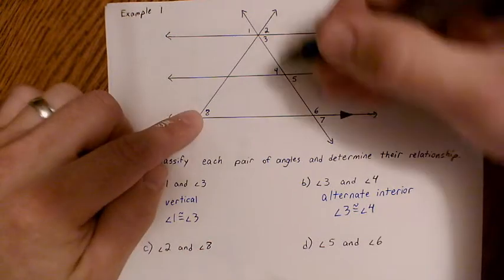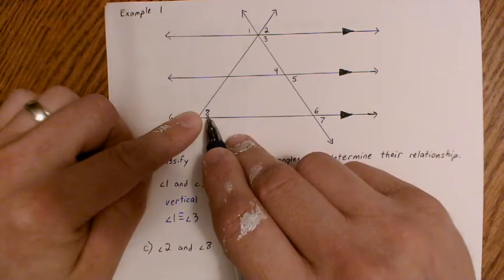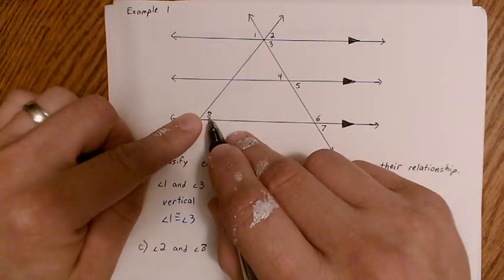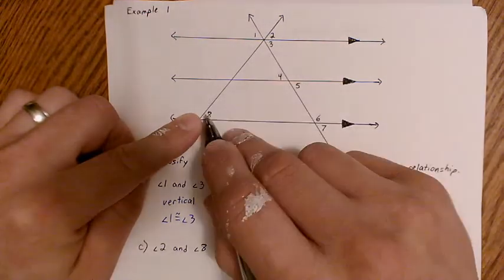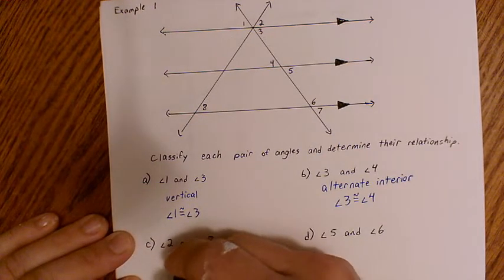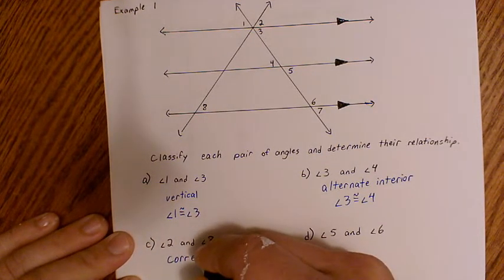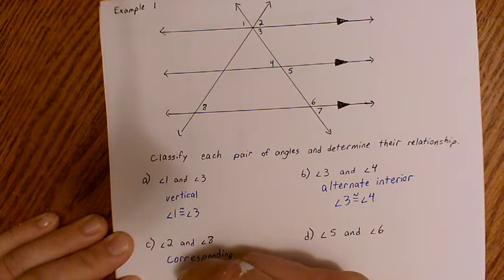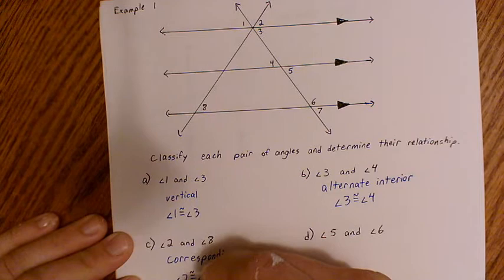Now you have to jump over this line and consider it compared to 8. So 2 is in the top right location, 8 is in the top right location. Since they're in the same location, they are corresponding angles. So these are corresponding. So angle 2 is congruent to angle 8.